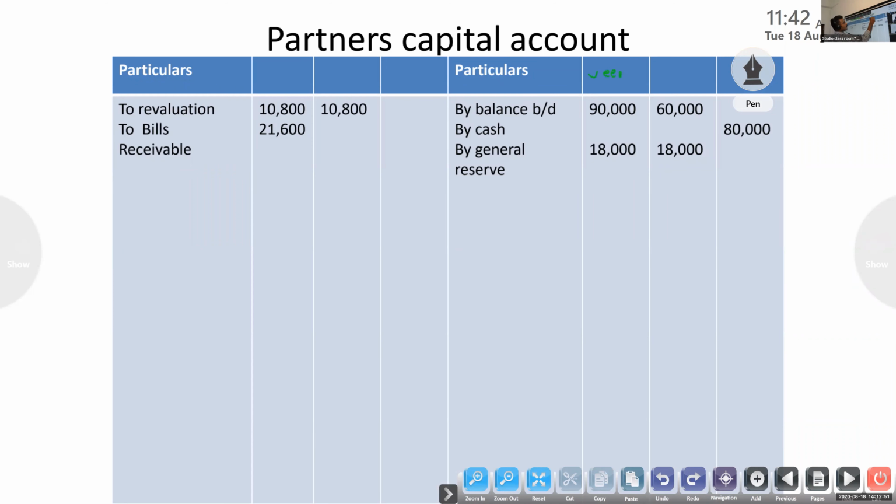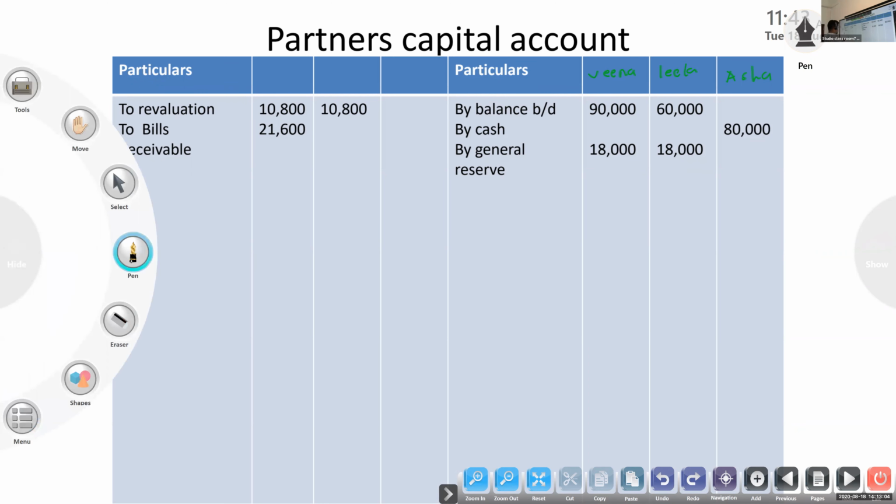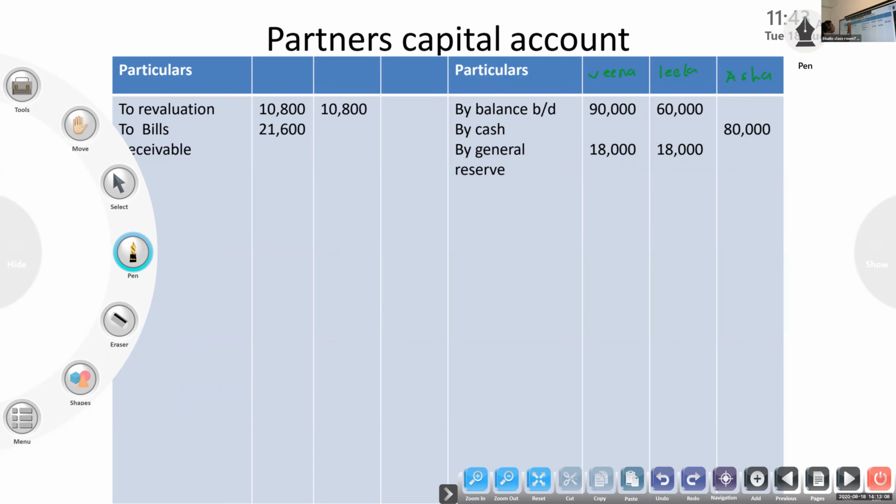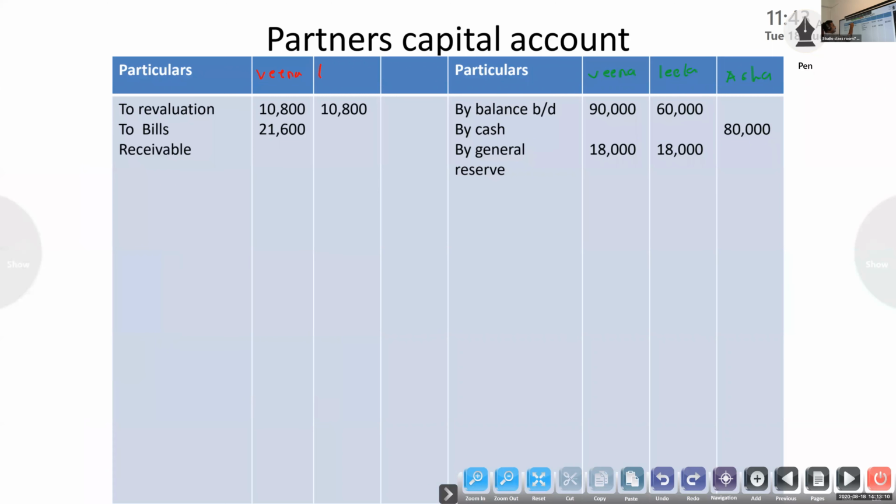Veena, Leela, Asha. So by cash, we write extra now.